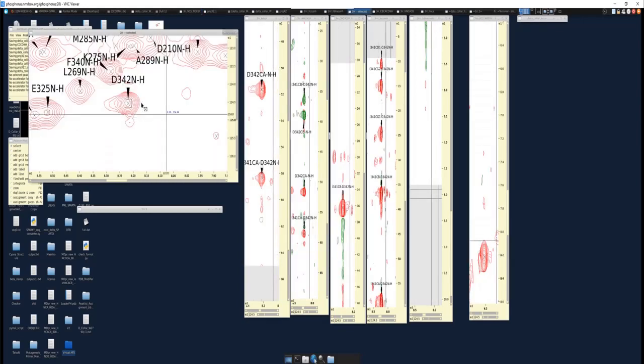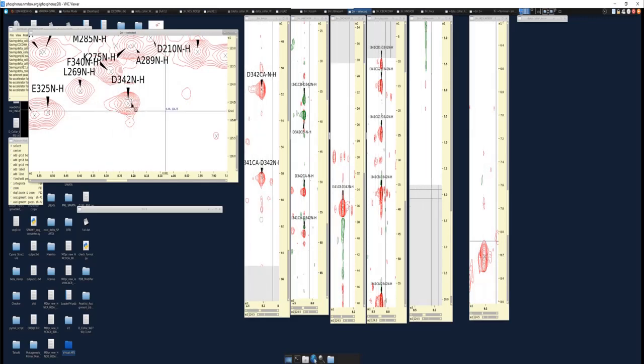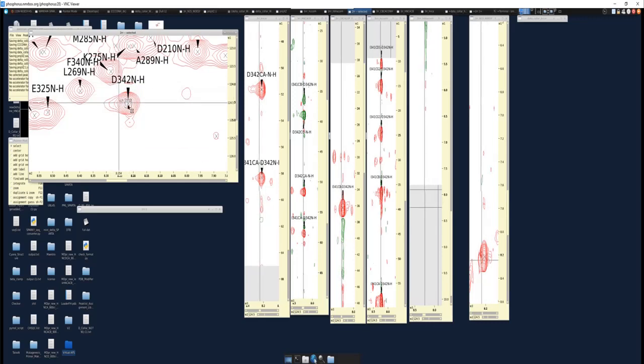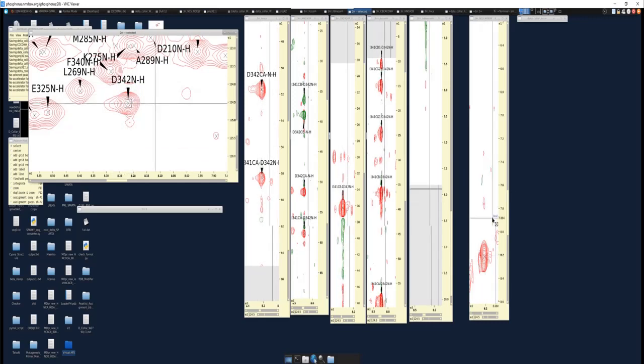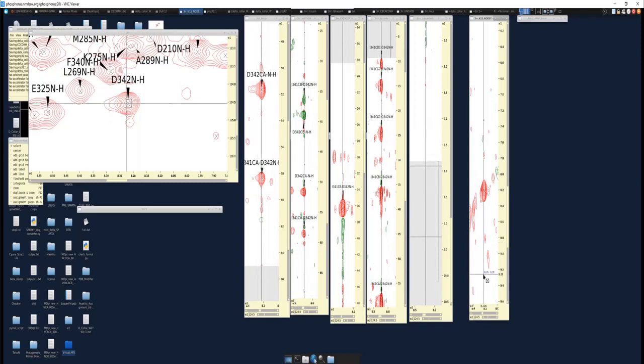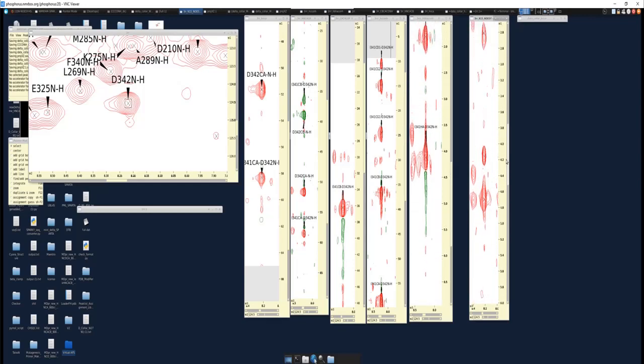And the I peak will always line up perfectly, right? So here, this proton is the proton that is connected to the nitrogen of the amide that we're looking at here. And anything else would be hydrogens that are nearby. So we have nothing between this 7 to 10 range, so we have no other protons that are connected to the nitrogens for the amides.